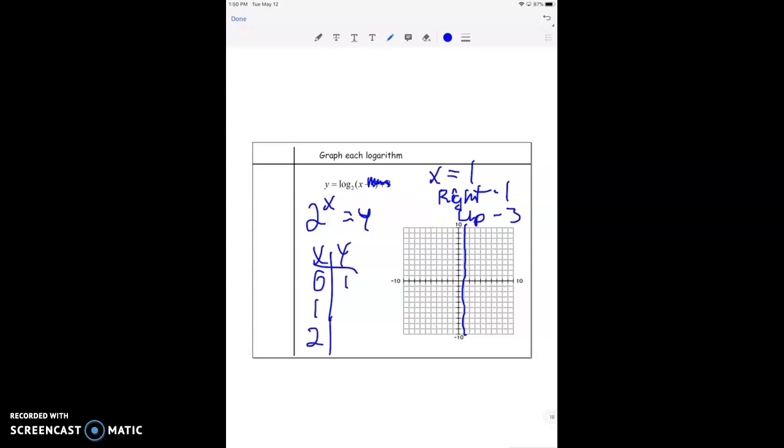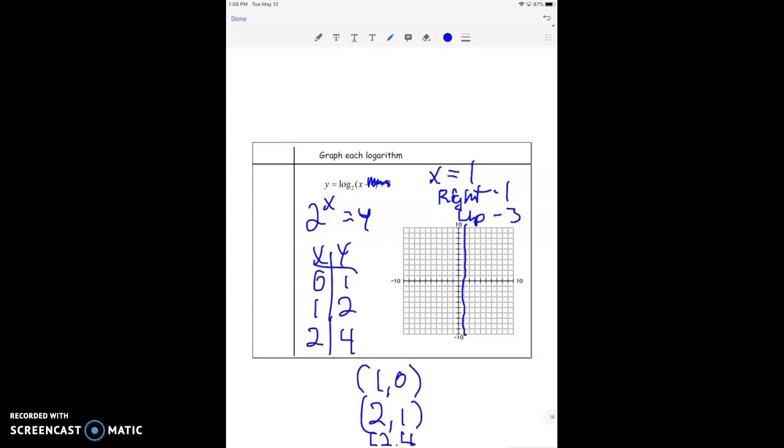To the 0 power is 1, as always, same squared. Okay, flip-flop. So (1, 0), (2, 1), and, oops, I ran out of space.